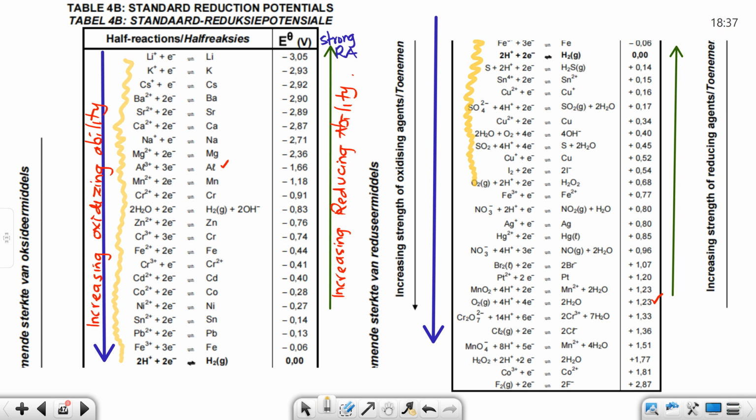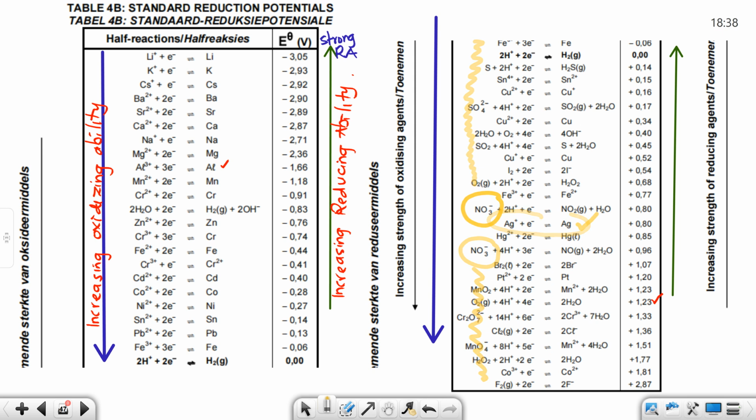Somebody's going to say, but there's NO3 here, and there's silver here, and then we have another NO3 here. Now, let's check again. Don't forget, we are using silver.